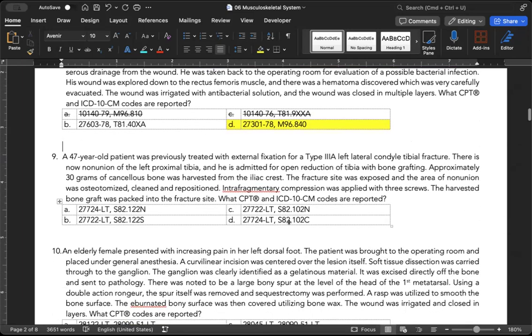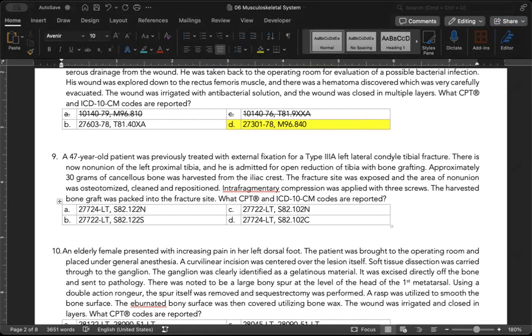Okay. Let's do number 9. A 47-year-old patient was previously treated with an external fixation for a type 3A left lateral condyle tibial fracture. There is now non-union of the left proximal tibia, and he's being admitted for an open reduction of that tibia with bone grafting.